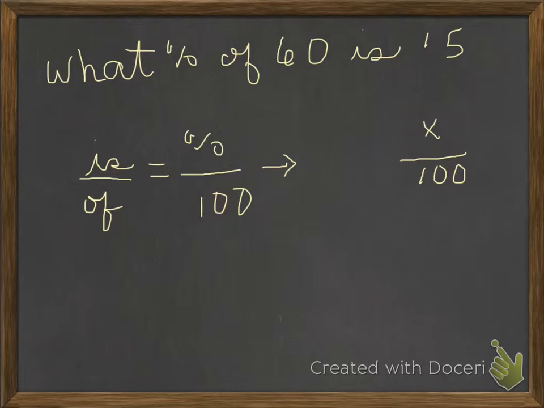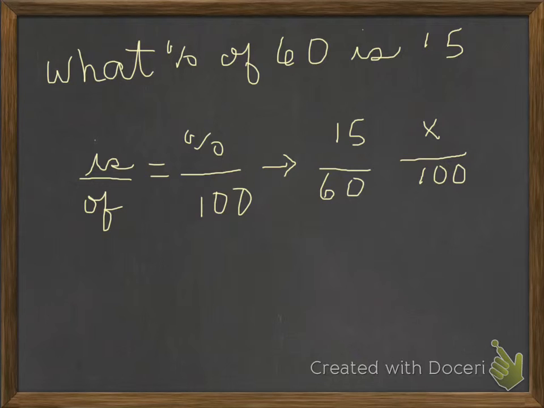Okay? What percent of 60 is 15? Of what? 60. So 60 is the of. 15 is the is. Or you can think of it as part over whole, percent over 100. Okay?